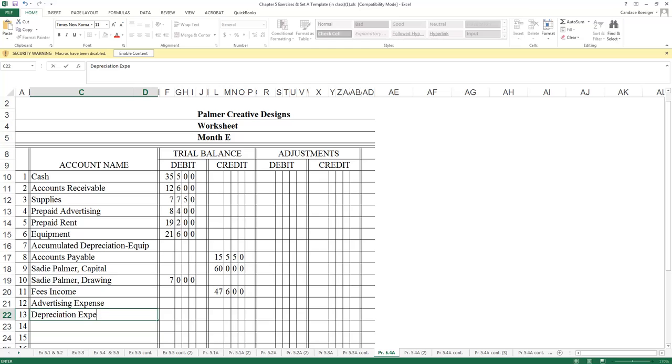Again, part of these don't have anything in here, but we need to put them in here, so we'll have a placeholder.